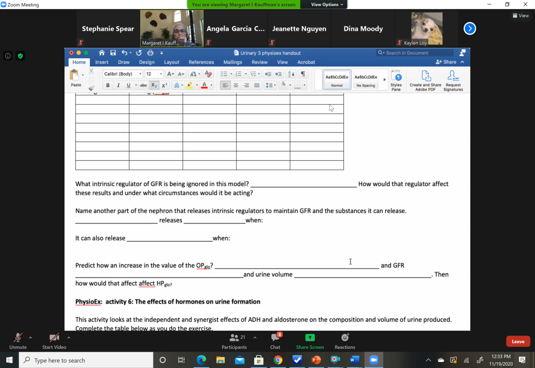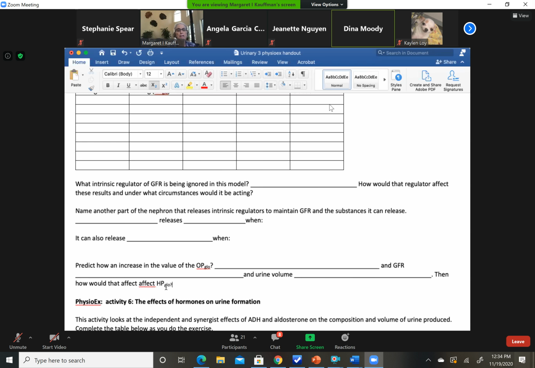So once you decrease your GFR and your urine volume decreases, your blood volume goes up. So ultimately, that's going to affect HP glomerulus by causing it to go up too. Does that make sense? Yeah, I think so.